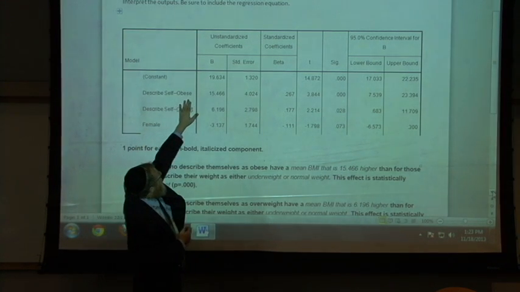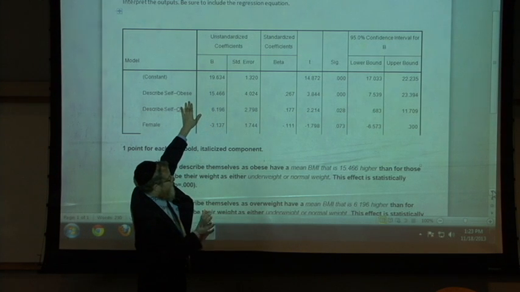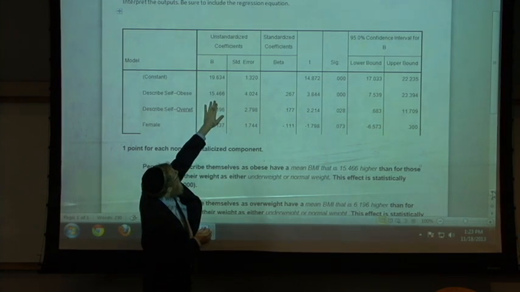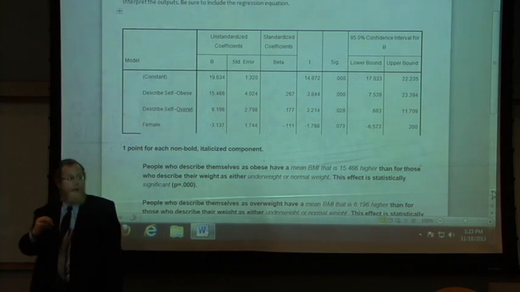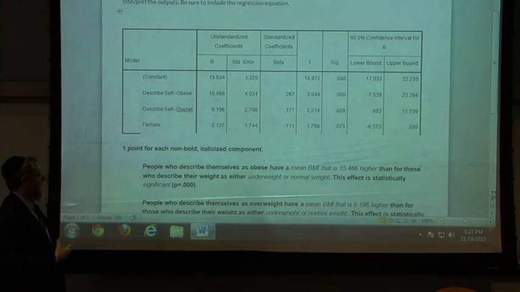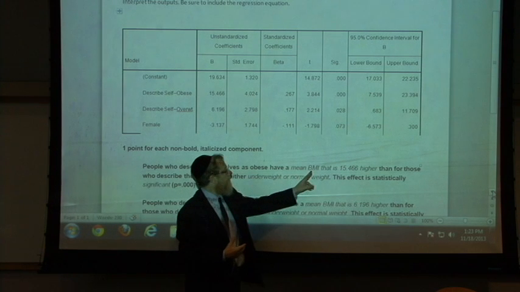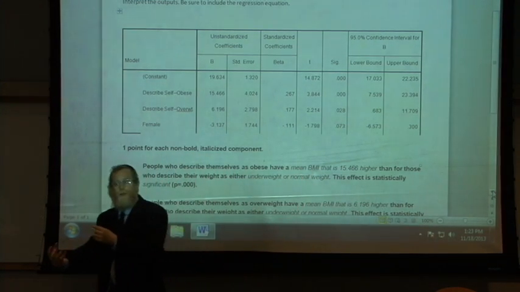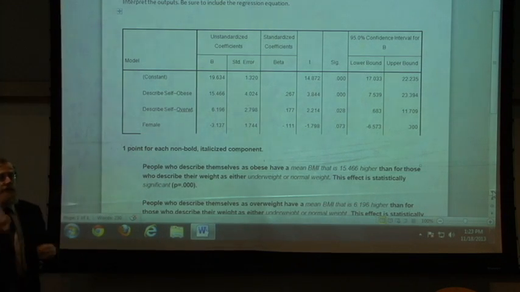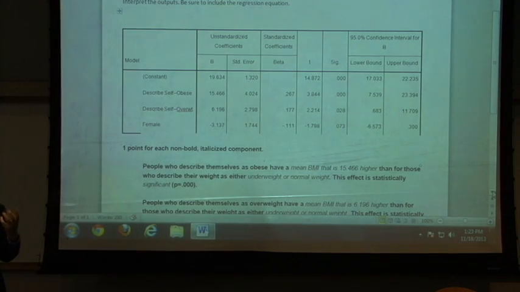Describing oneself as obese or very overweight. The coefficient is 15.466. So we're saying that people who describe themselves as being obese have a mean BMI, because whenever we're talking about the impact, we're talking about the impact on the mean outcome. We understand that any individual one isn't going to be exactly that.